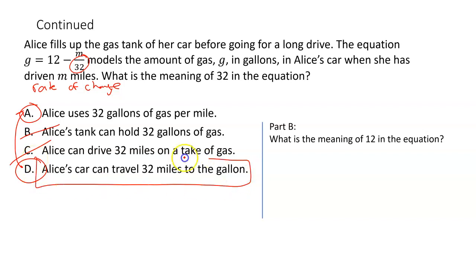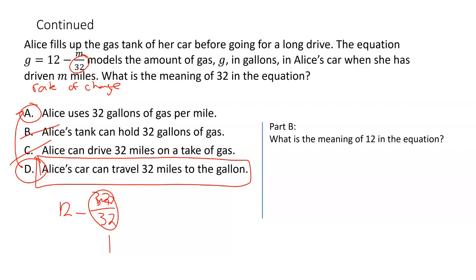D. If it was A, our model would be 12 minus 32M. She uses up 32 gallons for every single mile. But with the model M over 32, it takes 32 miles before she uses up 1 gallon of gas. Okay? So Alice's car can travel 32 miles to the gallon. So we had two that kind of represented a rate of change, but only one of them makes sense based on how the model's written.